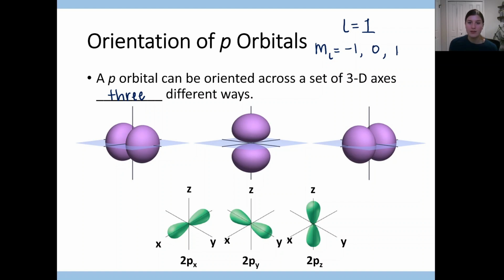So there are 3 possible numbers for ml when L is equal to 1, 3 different orbitals for p orbitals. So you could have the orbital along the x-axis in 3D space, along the y-axis, and along the z-axis.